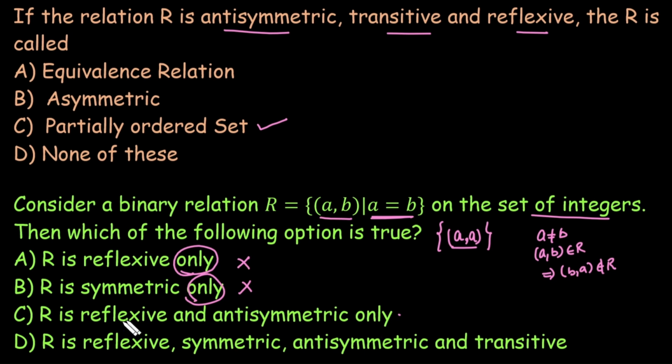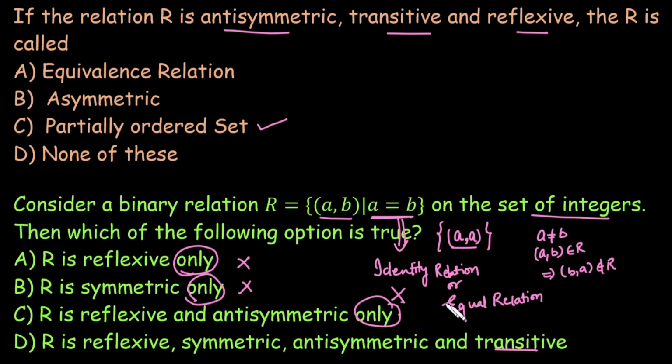But we will not say only reflexive and antisymmetric, and due to this that option is discarded. And also this is a transitive relation. So remember that this relation is called the identity relation or equal relation. And this relation is always reflexive, symmetric, antisymmetric, and transitive.